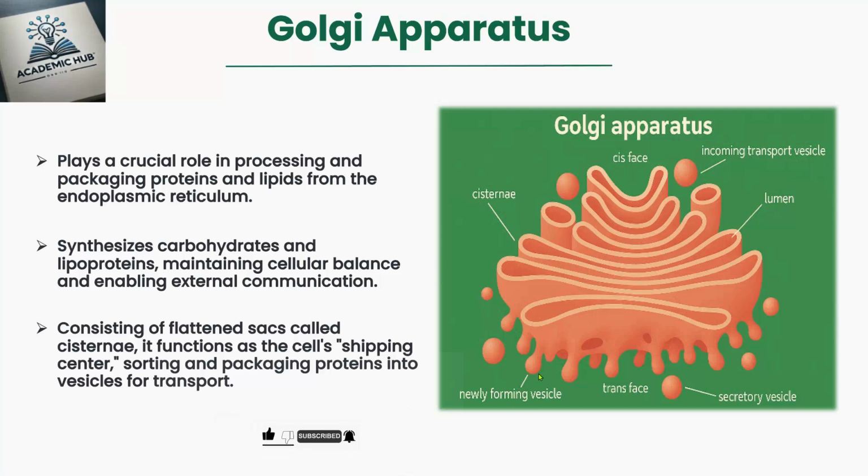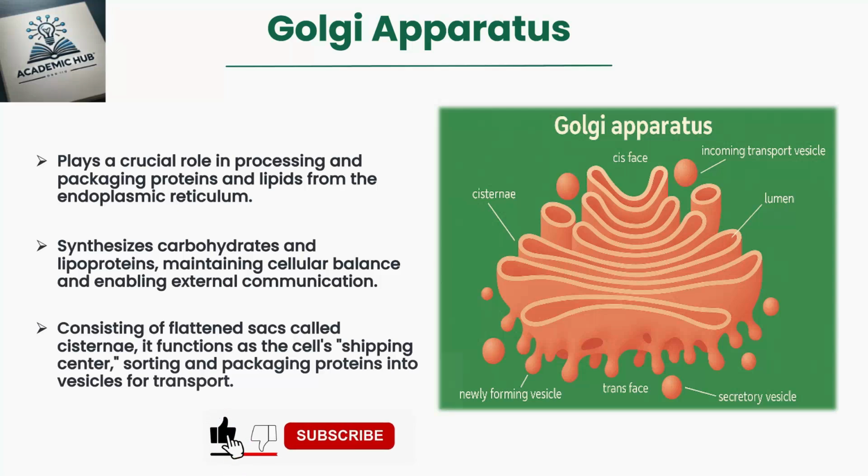So this is the newly forming vesicle where the sorted material will be packed, and from this vesicle it will be transported. Some molecules are sent to other organelles while others are secreted outside the cell.